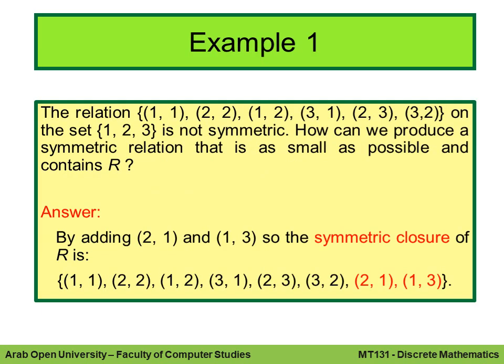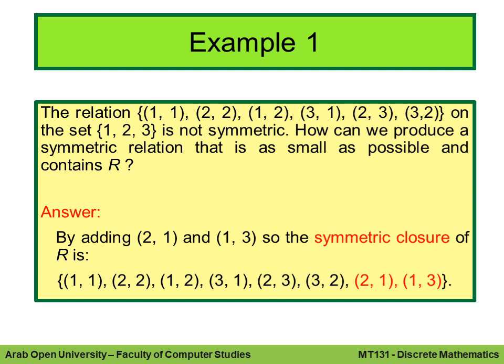Here is an example of a relation: (1,1), (2,2), (1,2), (3,1), (2,3), and (3,2). This is a relation on {1, 2, 3}. It is not symmetric. What is missing? (1,2) is in the relation, but (2,1) is not. (3,1) is in the relation, but (1,3) is not. The other pairs are okay.